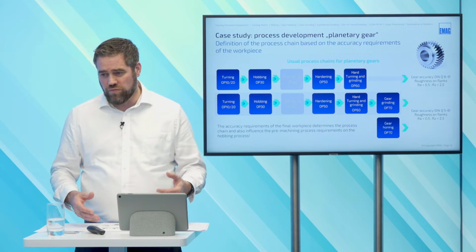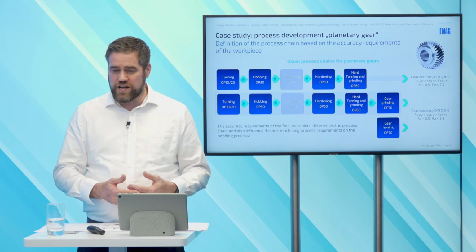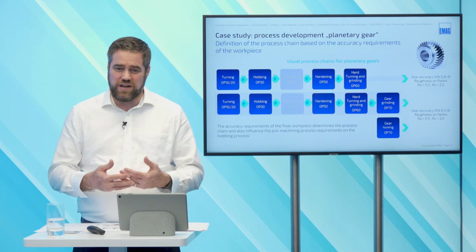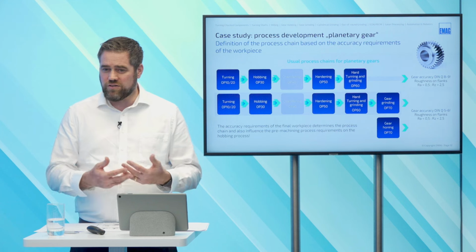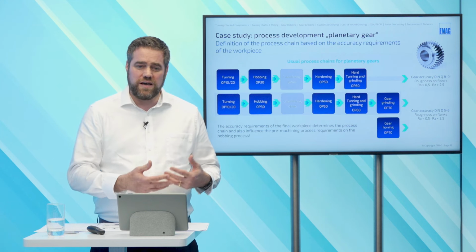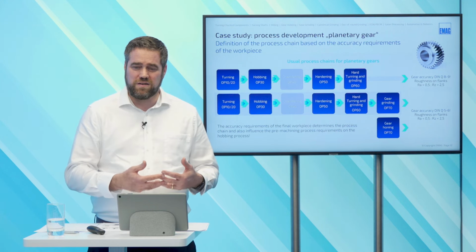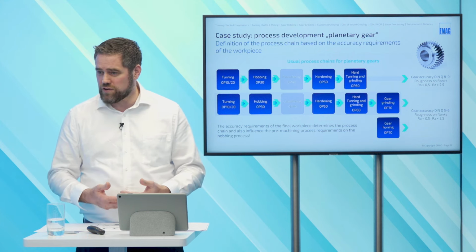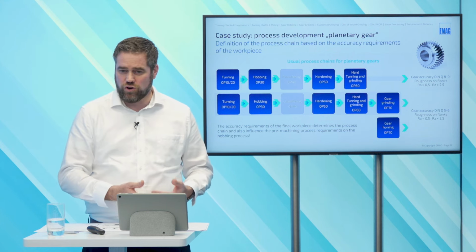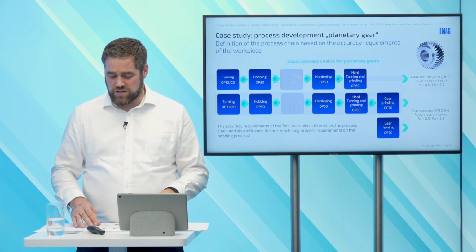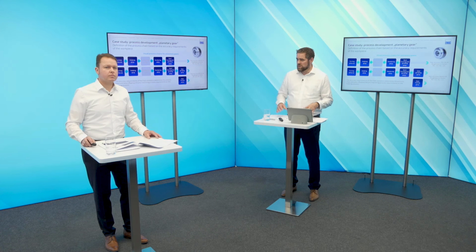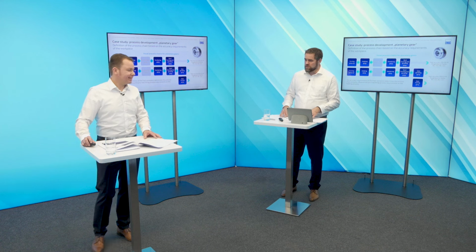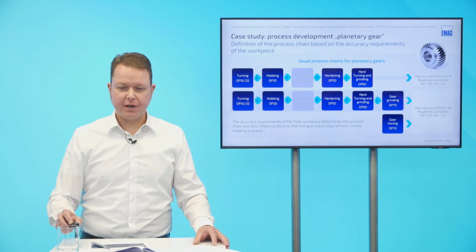And what is important, all these technology experts are talking together. So it's secured that we have the best total process chain for the production of gears, starting from the turning to finishing with the gear grinding, for example. That's additional information from me. Yeah, thank you very much, Heiko.